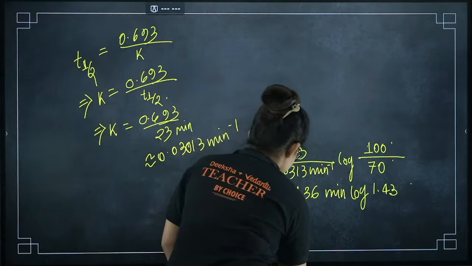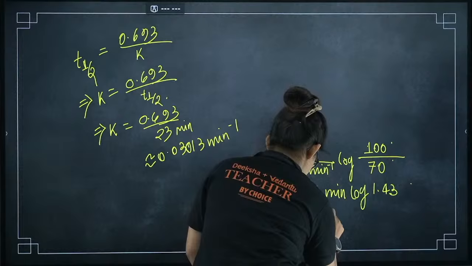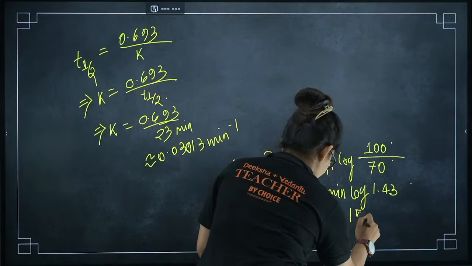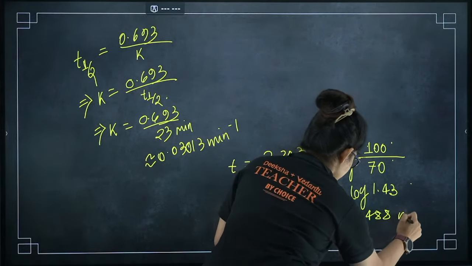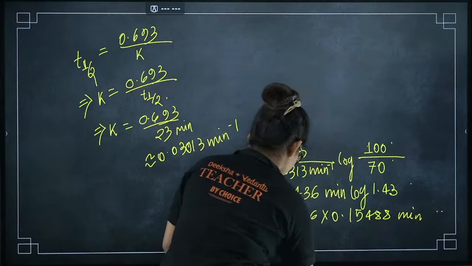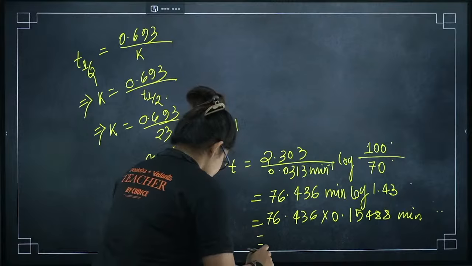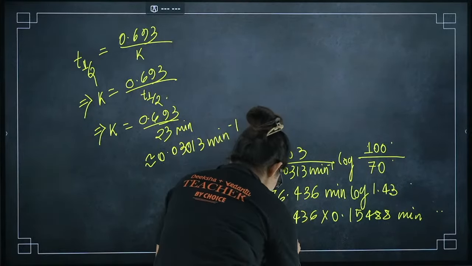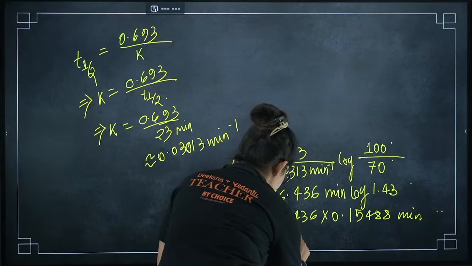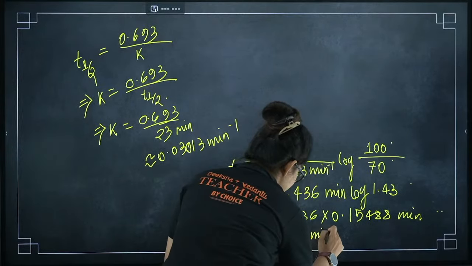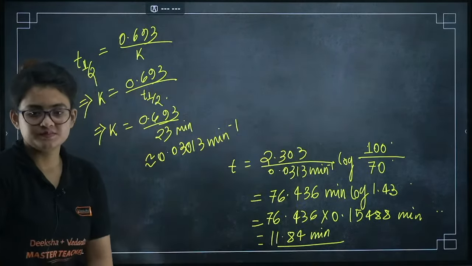You can get 76.436 into 0.15488 minute. Okay, so if you further calculate this, then you will get it as 11.84 minute. That's it. That's your answer.